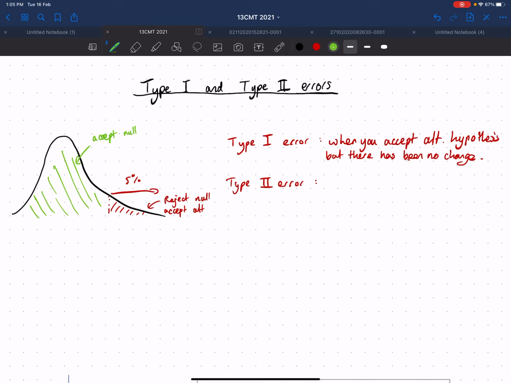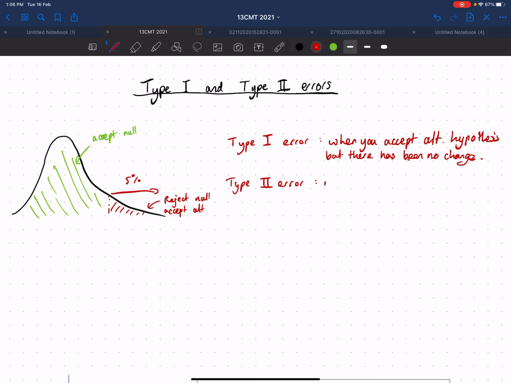So for instance, the dice was biased. Okay, so if I have the dice and I'm looking at rolling 1s and the probability of rolling 1 is a 6th, that would be my null, and my alternative would be greater than a 6th if I'm talking about the dice overly favouring the 1. Then if the dice was actually biased and it does overfavour 1, but there's not enough statistical evidence in the data for me to reject my null hypothesis, that would be considered a type 2 error.